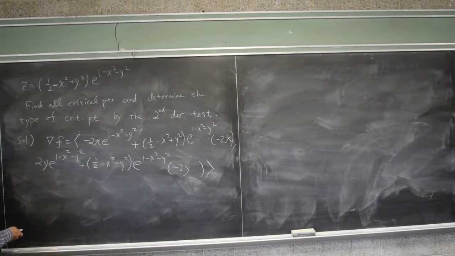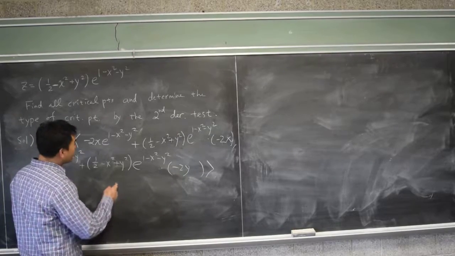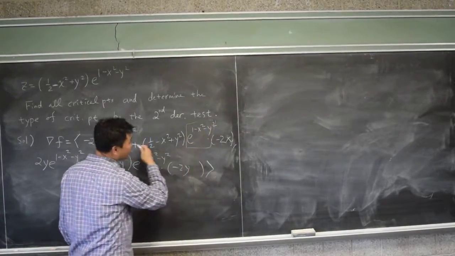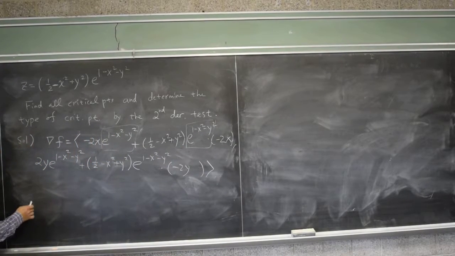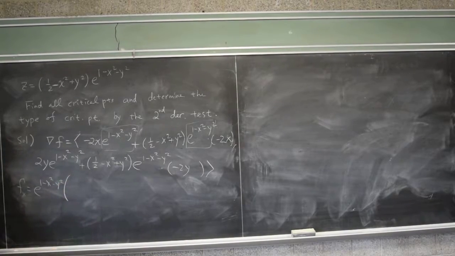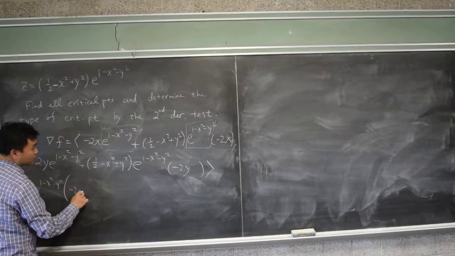Alright. It looks really hard, but thankfully, this thing here is a common factor between the two, right? So I can factor that out. So fx is e to the 1 minus x squared minus y squared, and then the first thing gives you negative 2x.